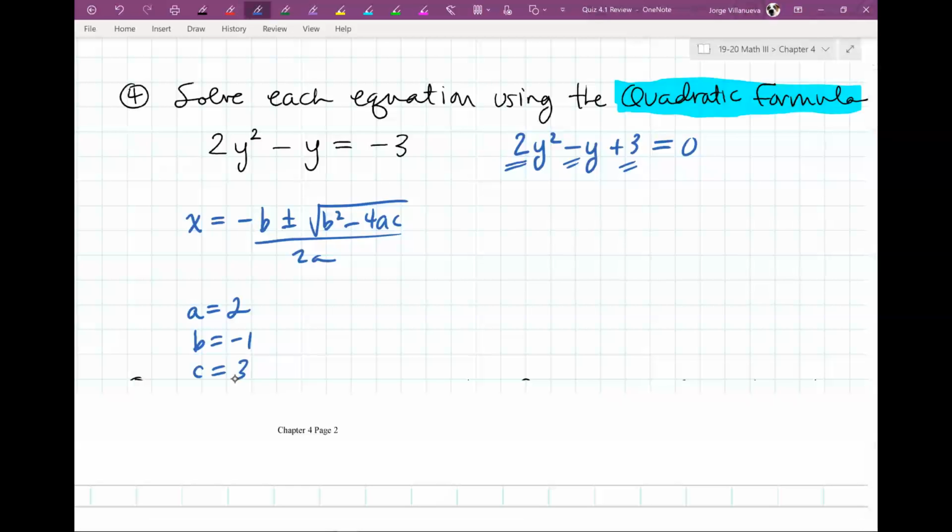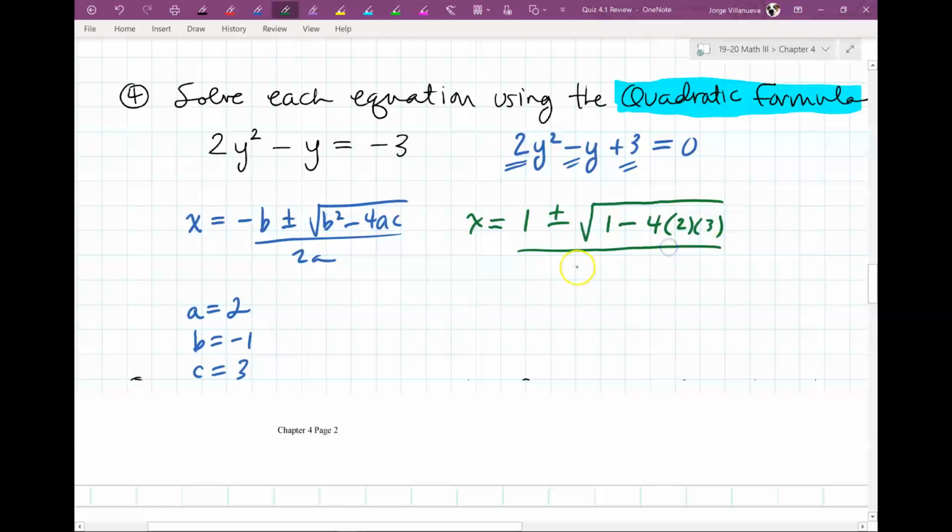All you got to do is plug it into that formula, and once you do that, solve. So let's do that really quick. x equals negative b. If b is negative 1, that means negative b is a positive 1. Square root of 1 minus 4 times a times c, over 2 times a.